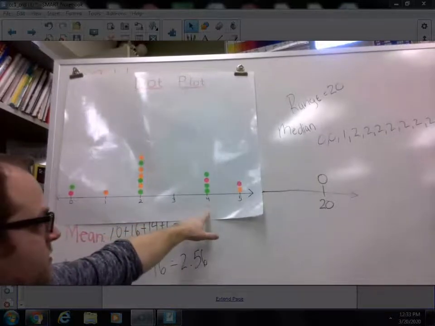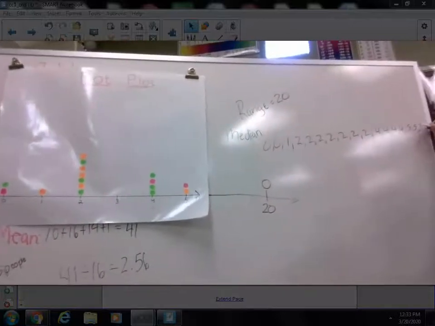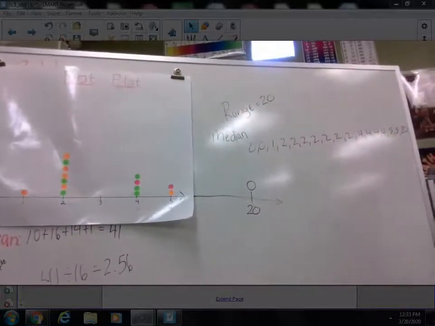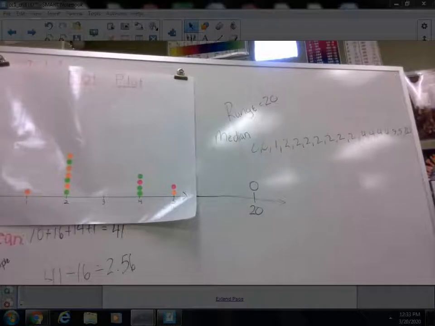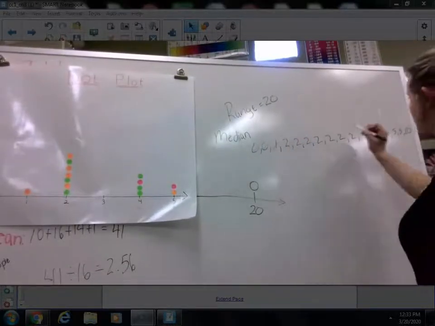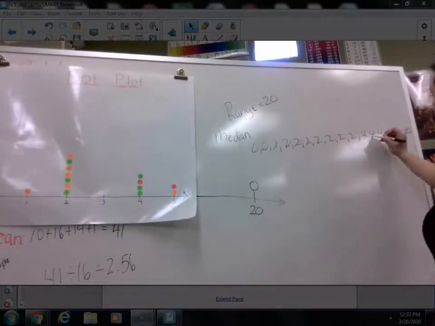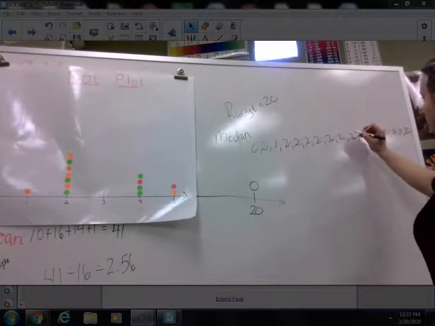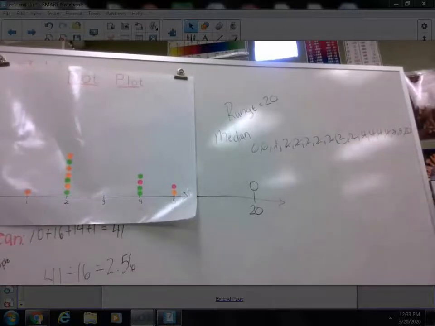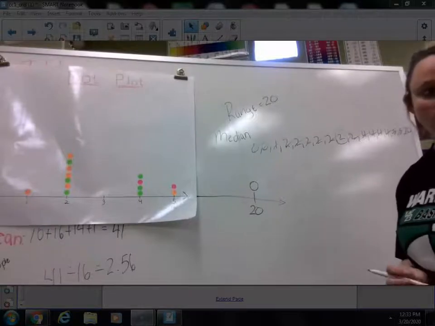We have 4 4s, 2 5s, and now we got to go back and add our family of 20. So remember the median is just the middle value, so we're going to go ahead and cross off the first and the last, and then the first and the last until we get to the middle. And we find that our median is 2. And our previous median was also 2.